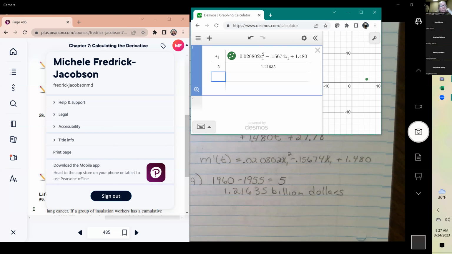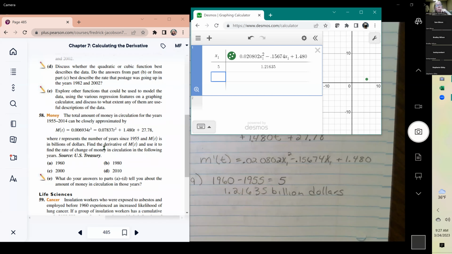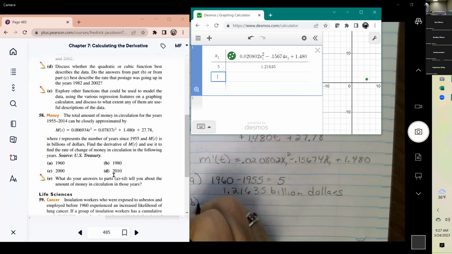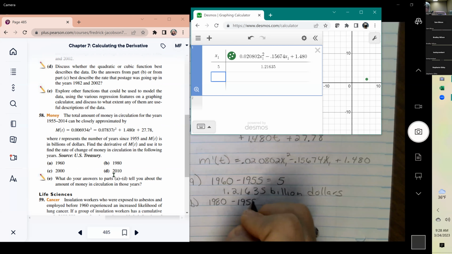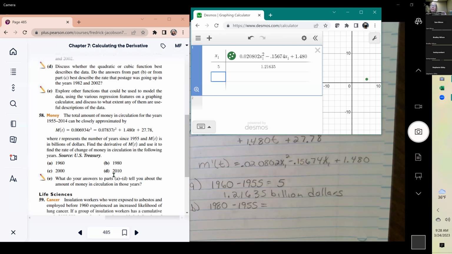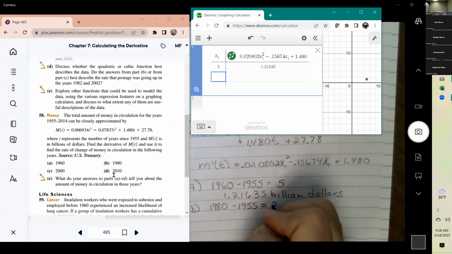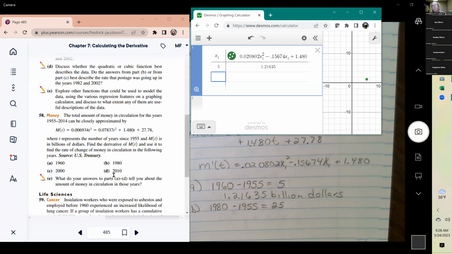Oops. Oh, no, what happened here? Oh, there we go. 1980. So for 1980, we'd have to take and subtract. So we want to plug a 25 in.